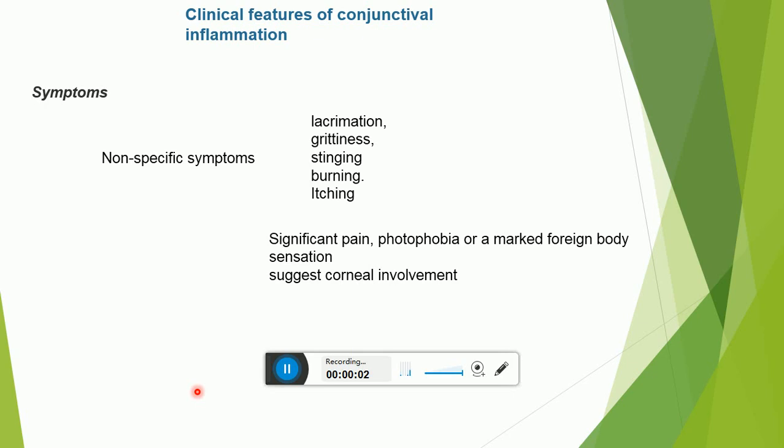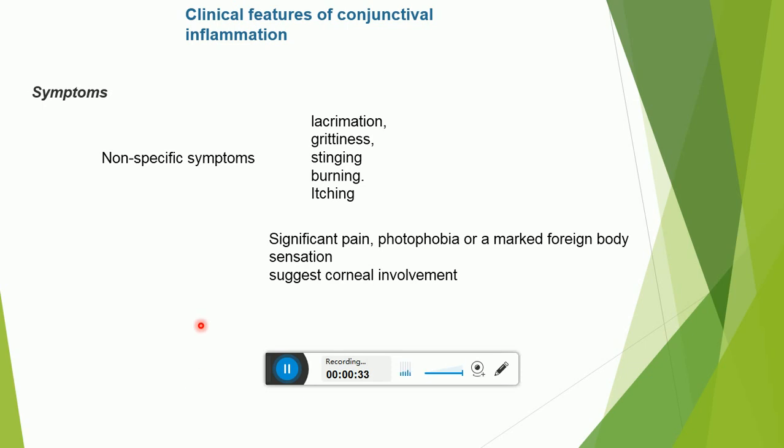So next topic is clinical features of conjunctival inflammation. The symptoms: the non-specific symptoms include lacrimation, grittiness, stinging and burning. In allergic disease there will be itching, although itching may also occur in blepharitis to a lesser extent and in dry eye syndrome.